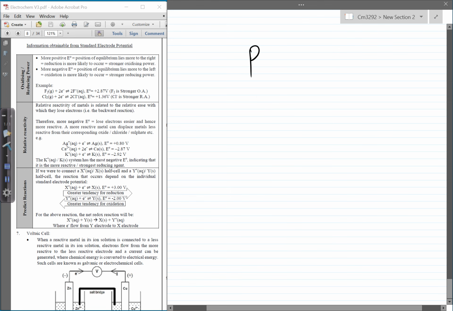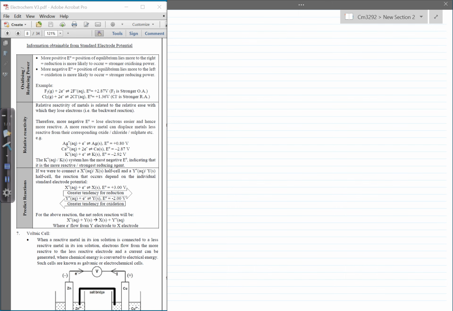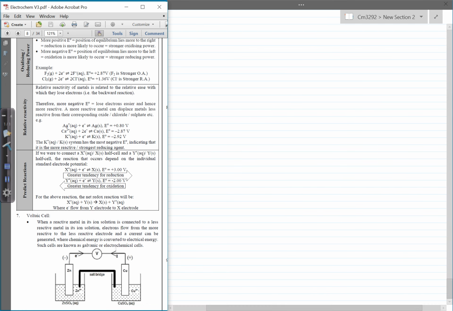So you can actually use this to predict reactivity. How? You just have to look at the E cell value. The first one is potassium already. The most negative means it's the most reactive metal, which means it's more likely to form the cationic state and so on. So you can actually use this to predict.